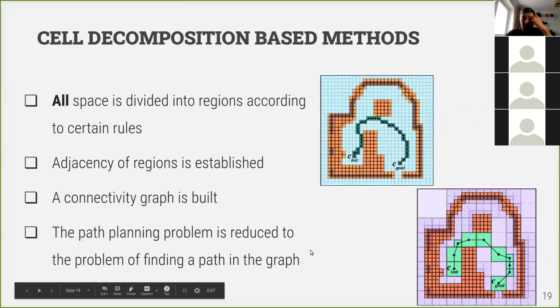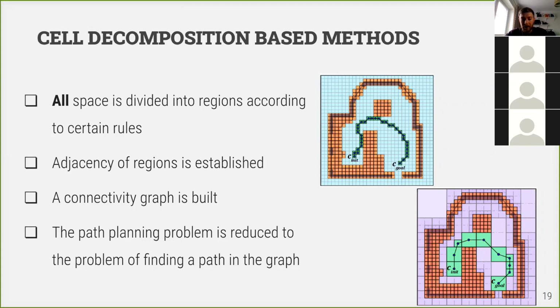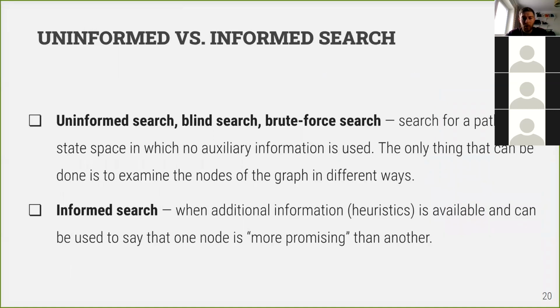Let's discuss shortly what finding a path in a graph means. I hope you're all familiar with graph algorithms. I hope you had some algorithmic programming course, but we will try to shortly remember what it was about.